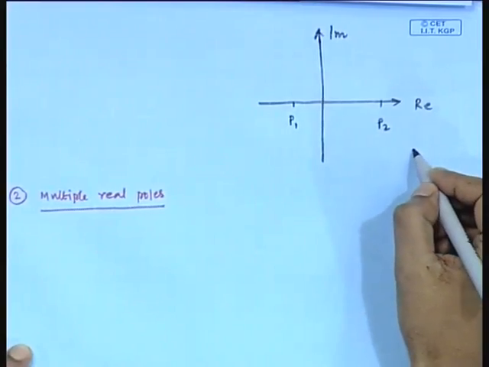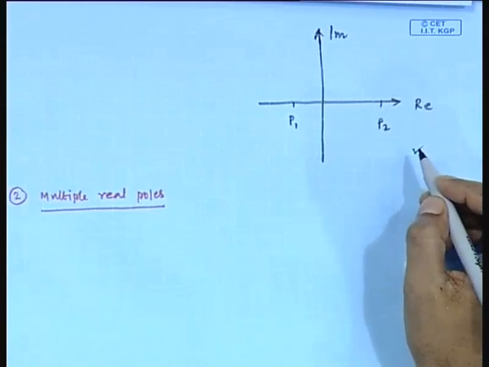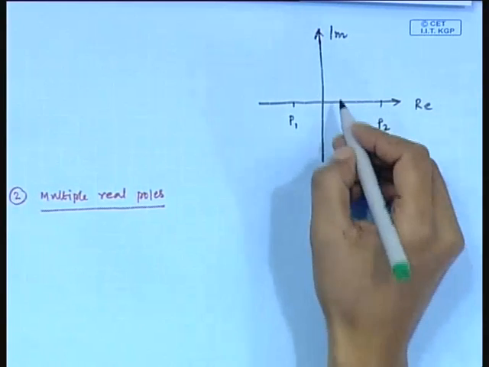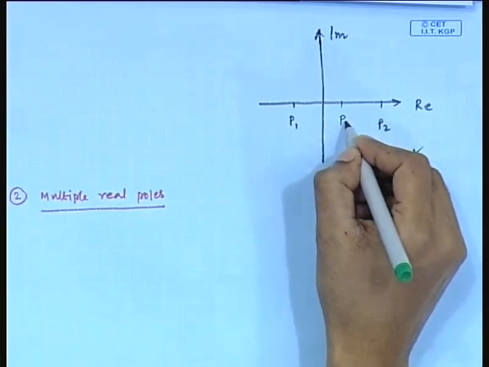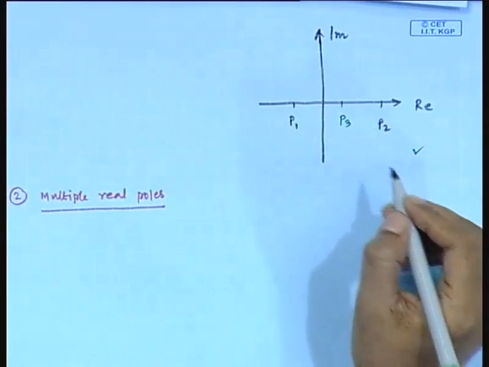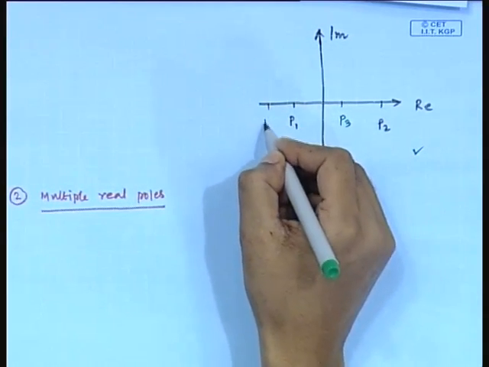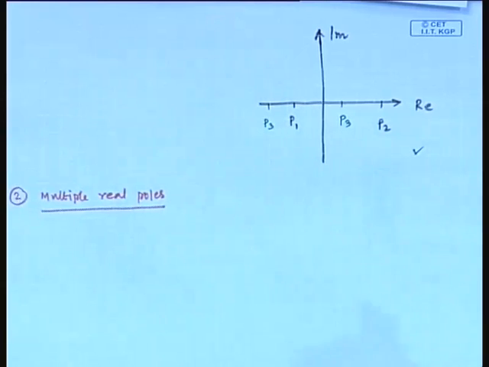I mean, we will consider multiple poles represented by P3. So, first we will locate that P3 in this complex plane. Suppose one P3 is here, this is one P3, another P3 is suppose here. Like this way P3 is repeated m times.